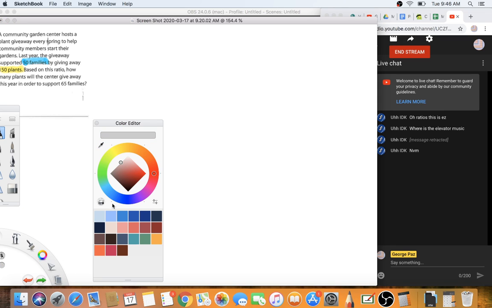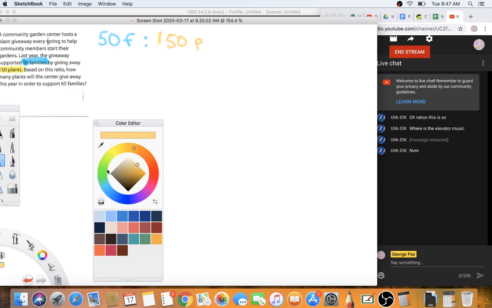I have to figure this out later. Anyway, so we have 50 families. Let's just put F, 150. Oh, that's terrible. Let's use orange. 150 plants. P for plants, F for families.